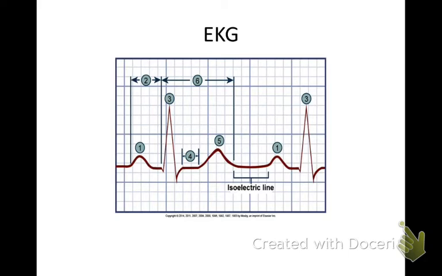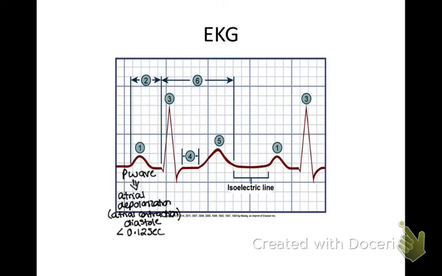Now, we have two parts of the heart. We have the atrium and the ventricle. So, which bumps represent which part of the heart? That's what we're going to talk about. So, the P wave represents atrial depolarization.